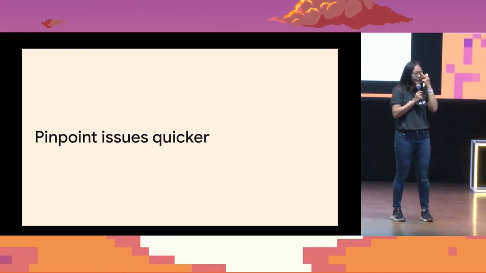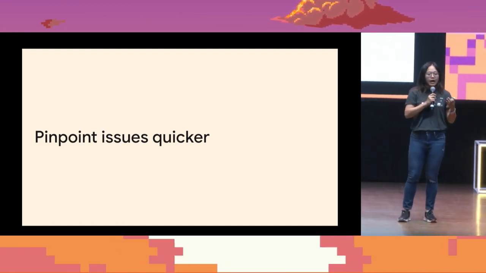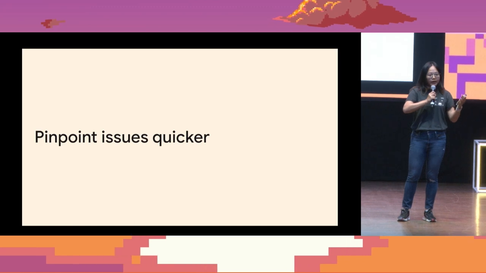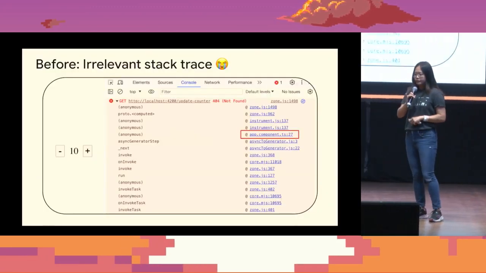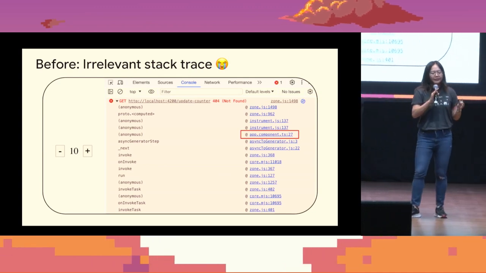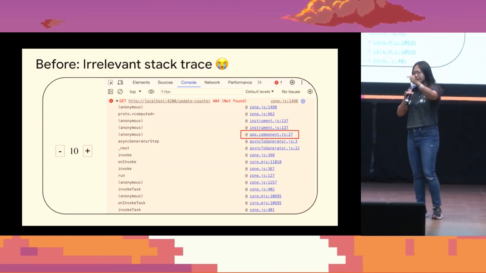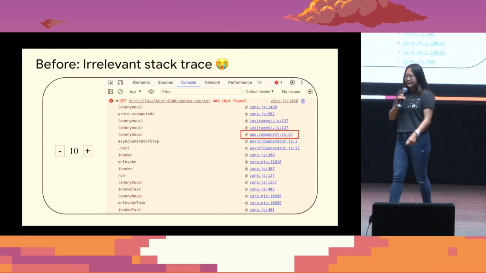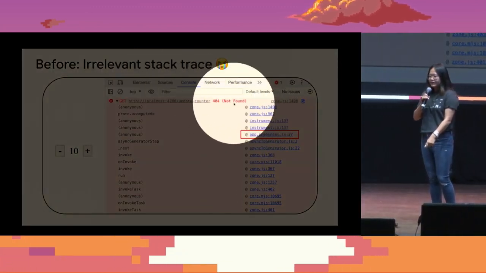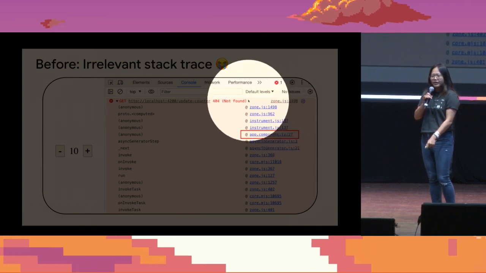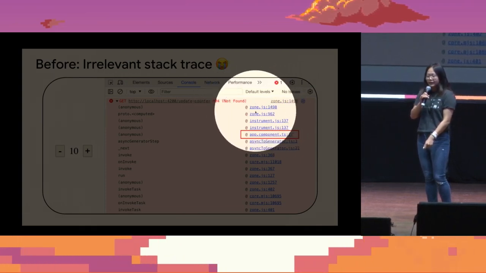Okay, next, I would like to talk about how DevTools use source map to help you pinpoint the issues quicker. Before that, this is how you debug. When you start debugging, you can see that from line number 1 here is something that is not your code. It's zone.js, it's something from the library.